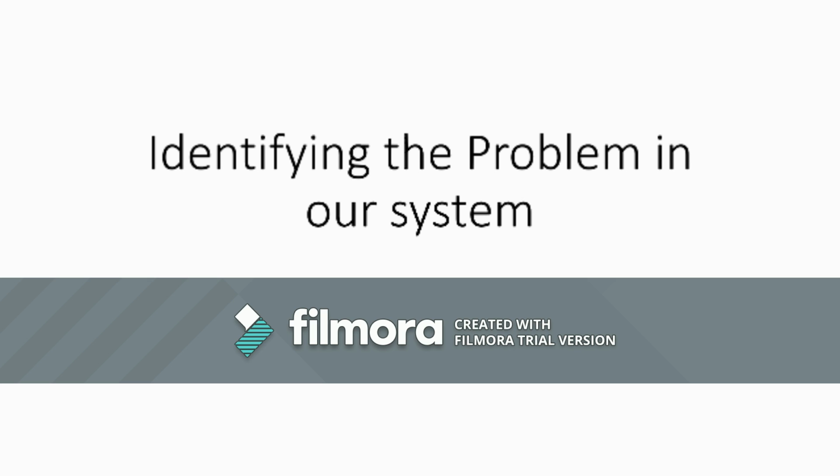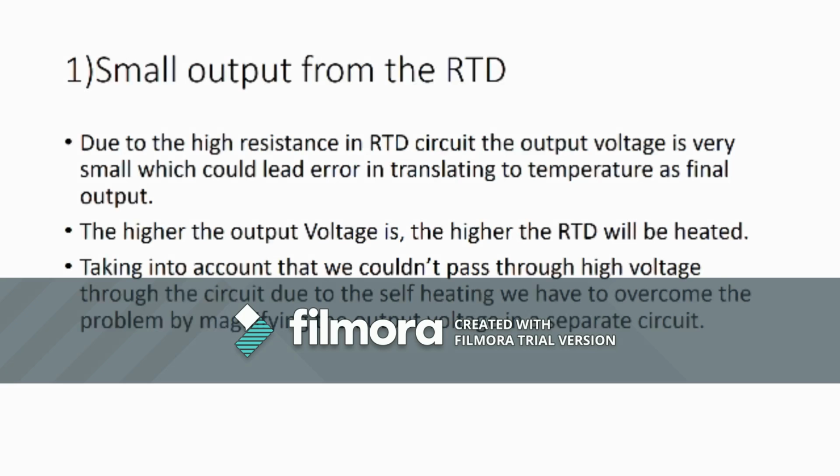First of all, there are two problems which I have listed here. The first one is the small output from the RTD. As we know, in the RTD circuit we have four resistors due to the full-bridge Wheatstone. Each resistor has higher resistive values, which leads to an output voltage that we can obtain in only millivolts.